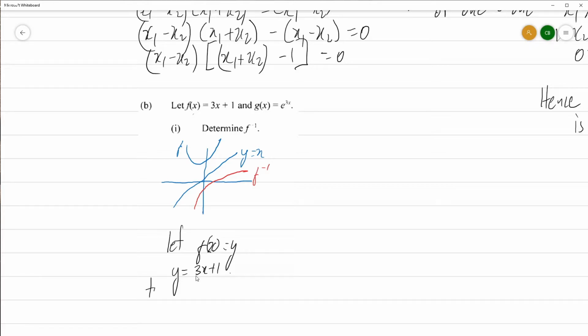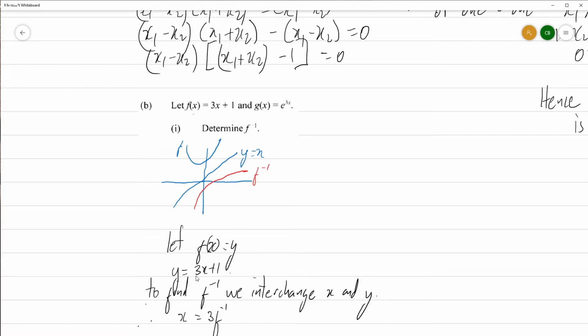So to find f inverse, we interchange x and y. So therefore, x is equal to 3y plus 1.